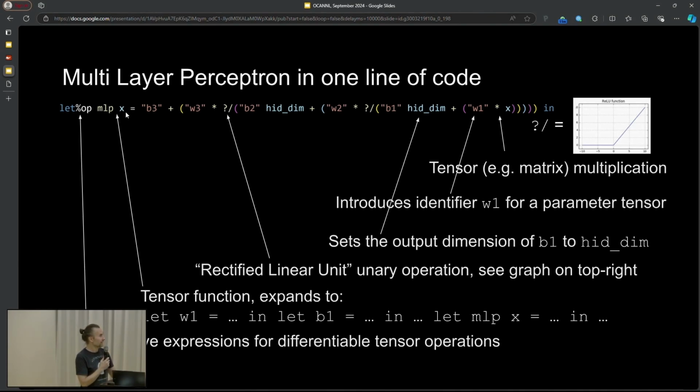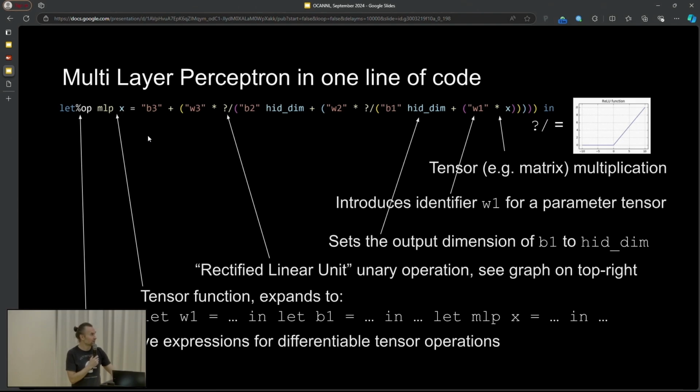And then the whole function takes a tensor and outputs a tensor together with a computation attached to it. In OCANNL, each tensor will have a computation attached to it that computes the expression to obtain the value, the array of the tensor, and for differentiable tensors also to obtain a gradient with respect to some function of choice, meaning the loss function typically.